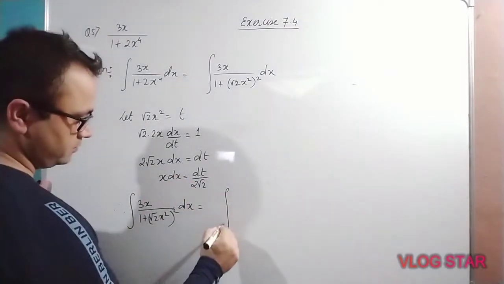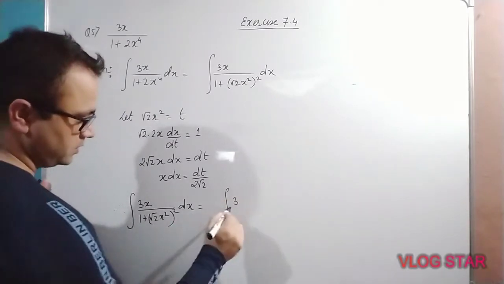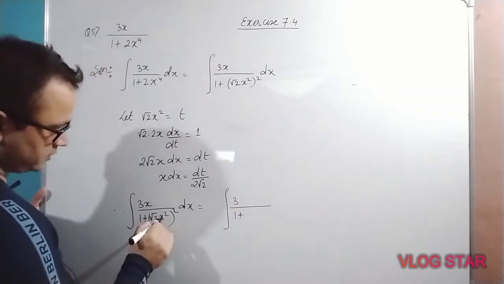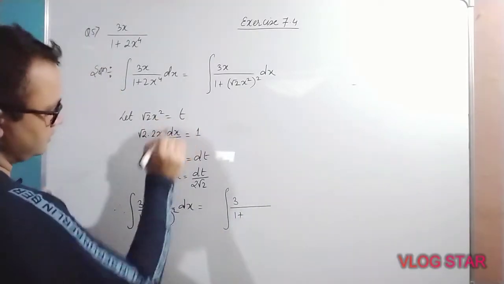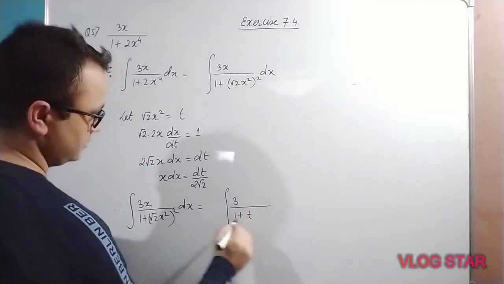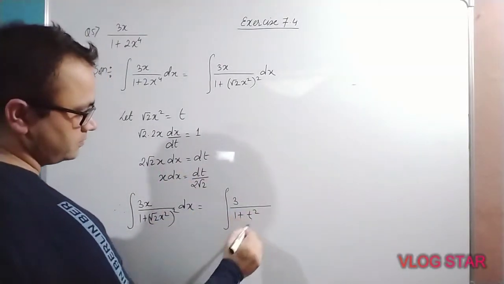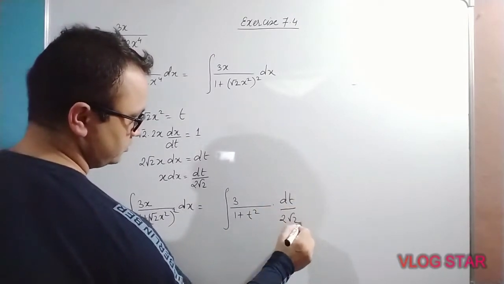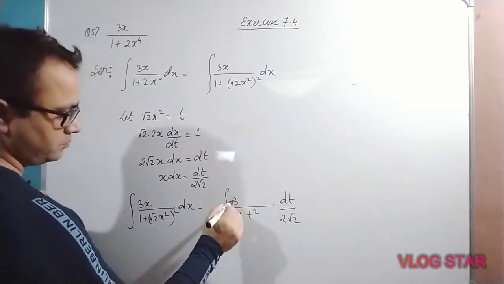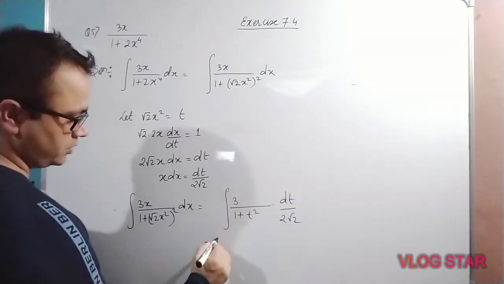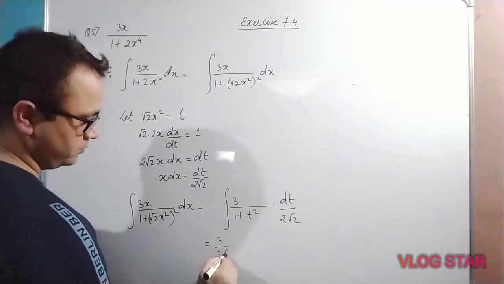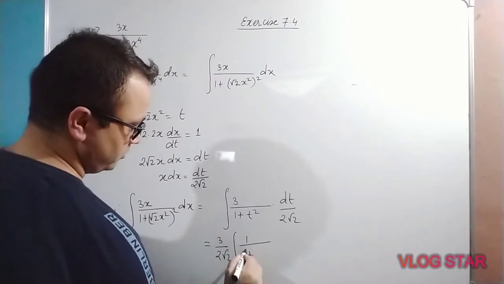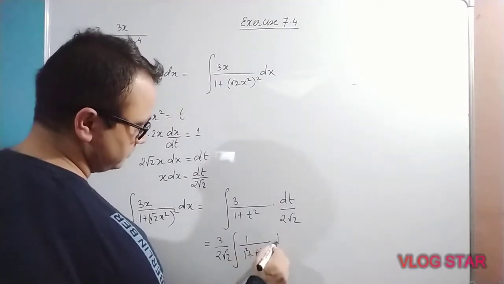So the integration is 3 divided by 1 plus, root 2 x square is t, so we write here t square, into dt by 2 root 2. Now we can take 3 by 2 root 2 outside: integration of 1 by 1 square plus t square dt.